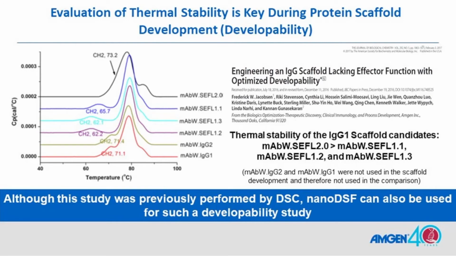This modification made scaffold 2.0. As you see in this figure, the CH2 domain thermostability of scaffold 2.0 was improved significantly compared to scaffold 1.1. Although this study was previously performed by DSC, nanoDSF can also be used for such a developability study.